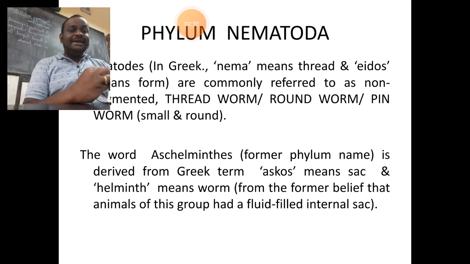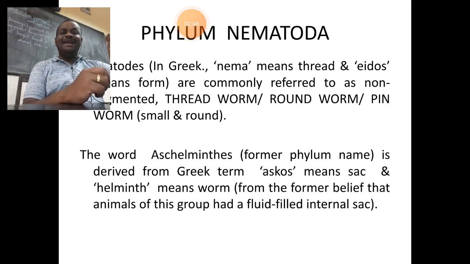Students, there is still an ambiguity related to the name of this particular phylum, but as per your syllabus, we need to mention it as nematodes. I hope it is clear now.